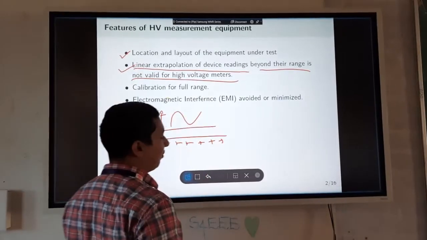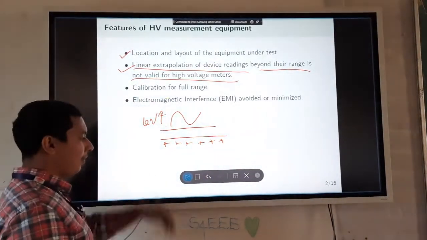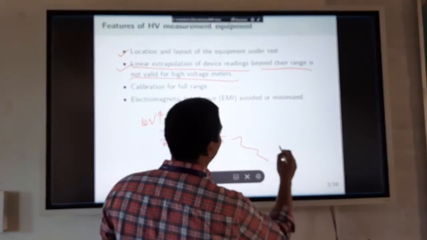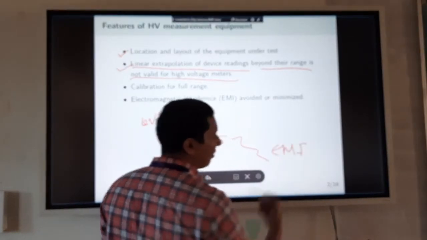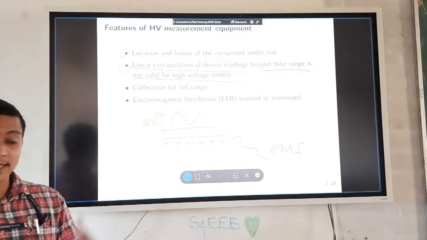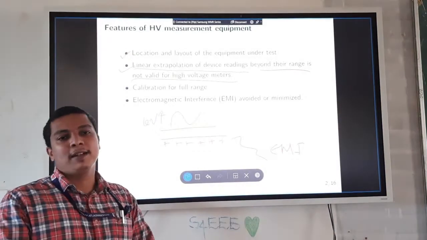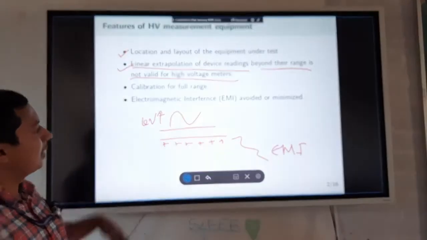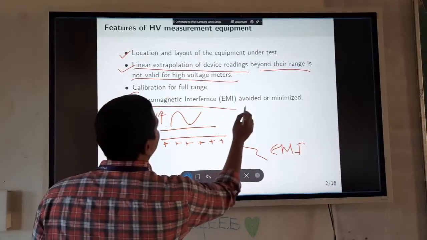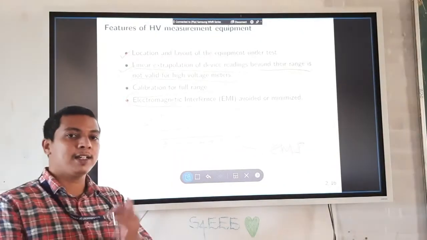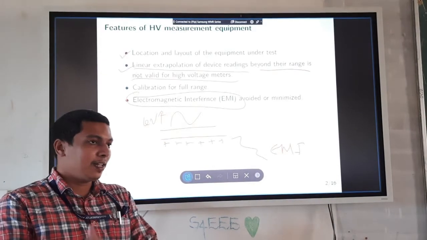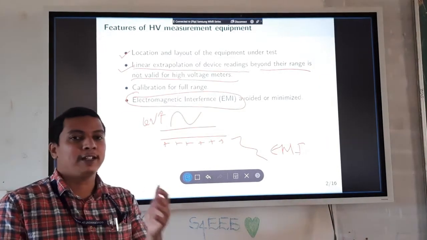Since it is charged and you have some voltage on the transmission line, you can have electromagnetic interference in nearby adjacent electronic equipment. This electromagnetic interference plays a main part when it comes to high voltage measurement, and we have to take care that it does not affect our measurement.